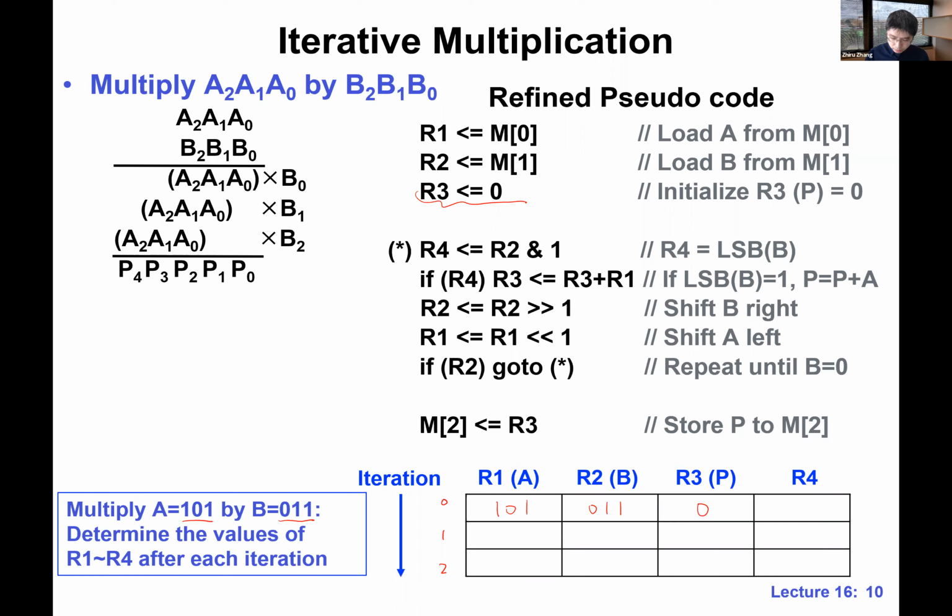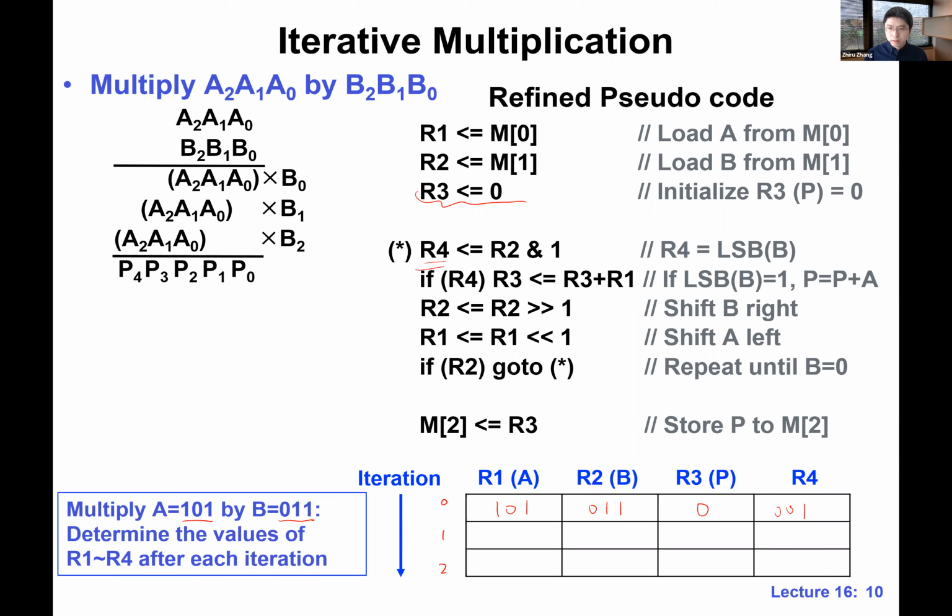And R4, what is R4? The first time we compute R4, it's just a 1, or 001. Actually, over here, I'm assuming that all the registers have 16 bits. I'm not going to show you the zeros here; we append 0 on the left. Agree?